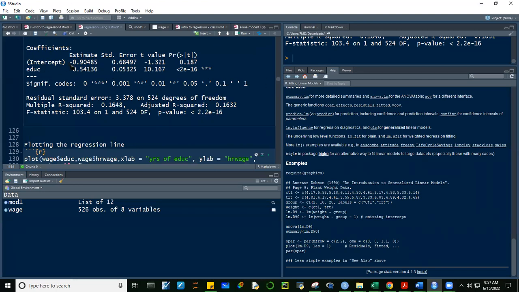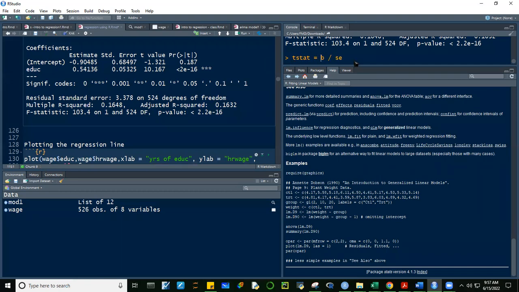Intercept is negative 0.9, and then education is 0.54. Okay, then we have the standard error, and then the t-value, which is computed by the estimate. So yung t is estimate, B divided by your standard error. So that's the formula for your t-stat, no?